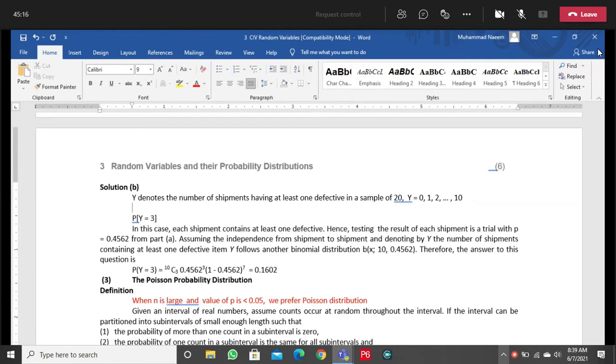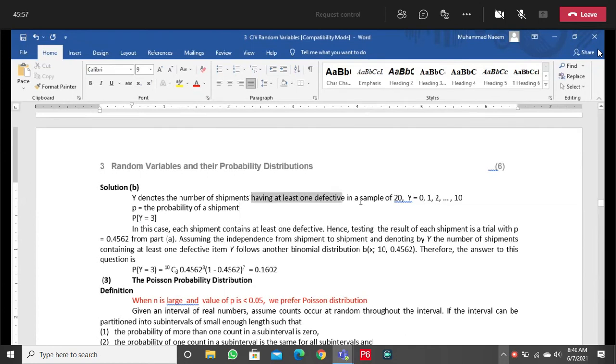Unless you clearly know the value of P, you cannot solve this problem correctly. What is P? P is the probability of 1 as you have defined your variable. As the variable shows the number of shipments, P is the probability of a shipment.